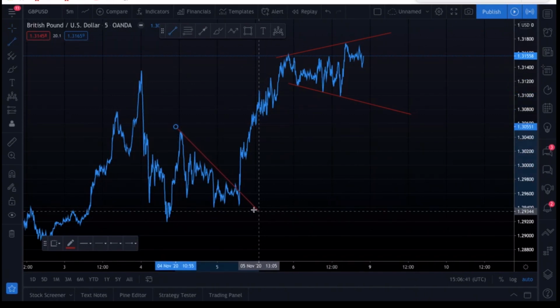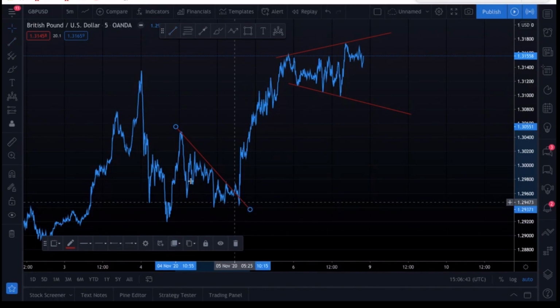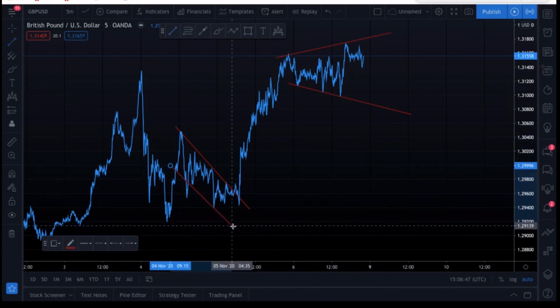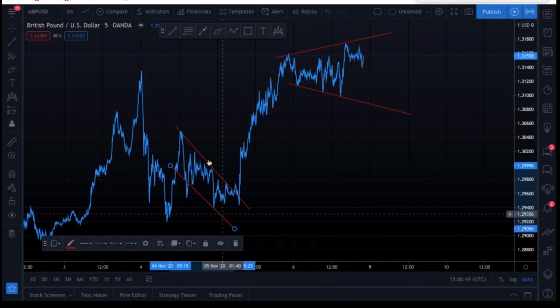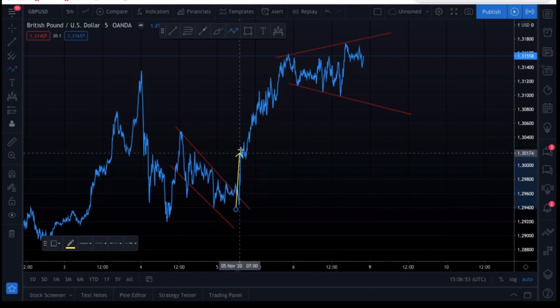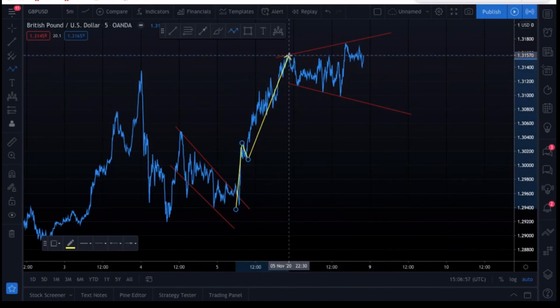Two more down there. And that's a breakout. We test, and then it went further up.